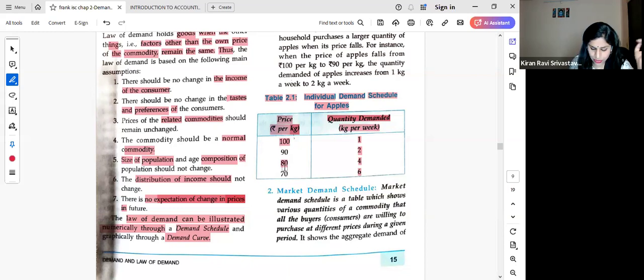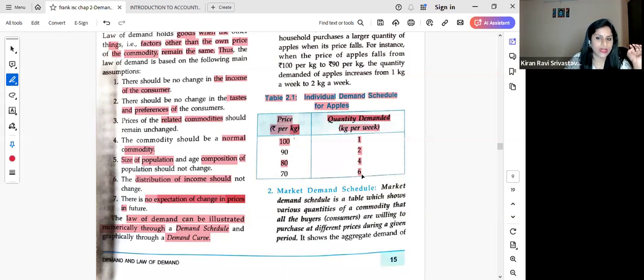And if the price further falls to 70 rupees per kg, then he would maybe want to make apple jelly and he has purchased 6 kgs of apple. So you can see here we have quantity demanded and then we have price. Price is the independent variable and quantity demanded is the dependent variable.